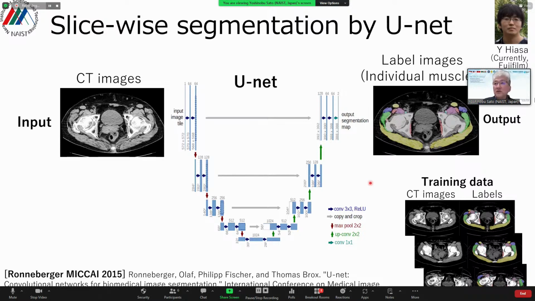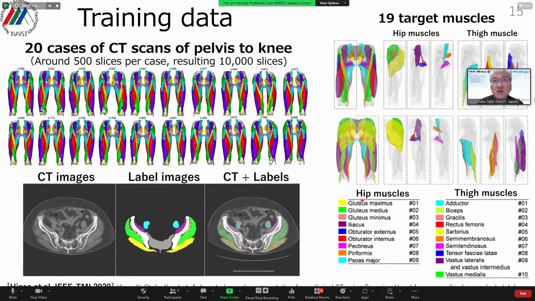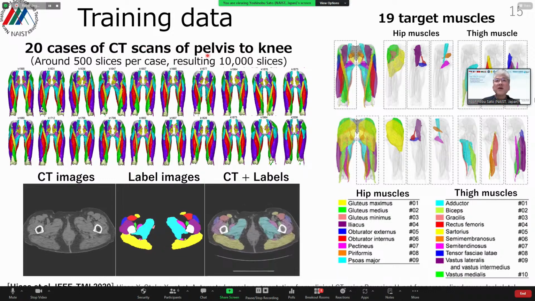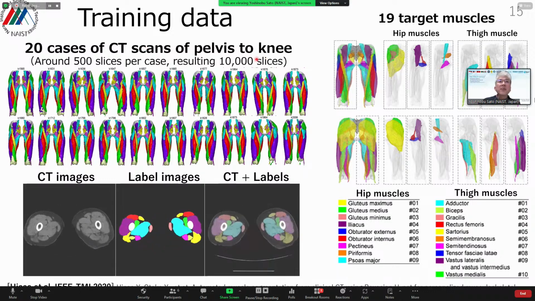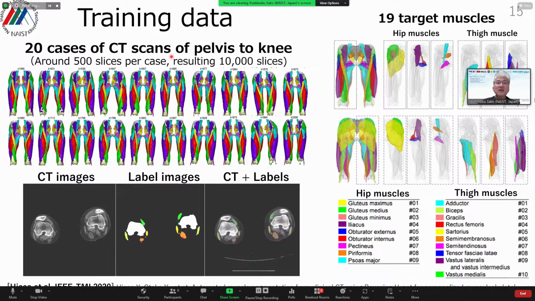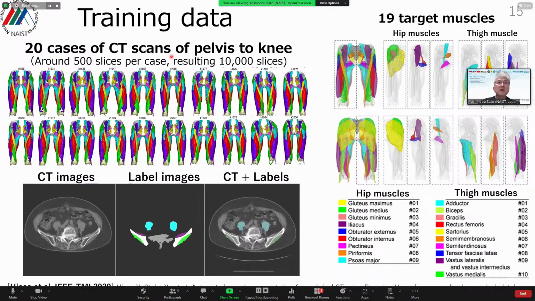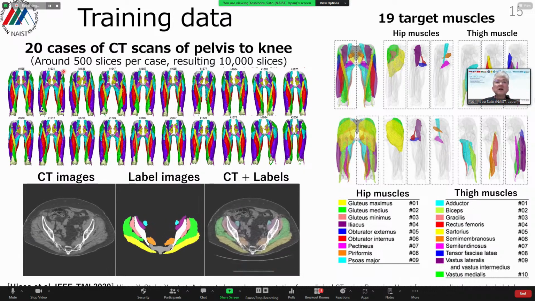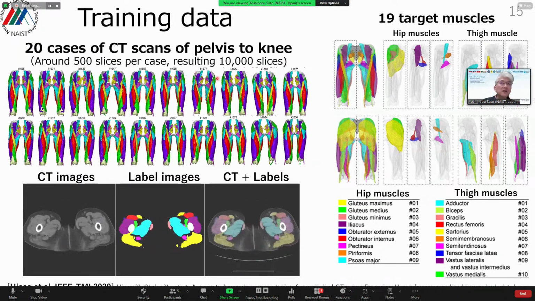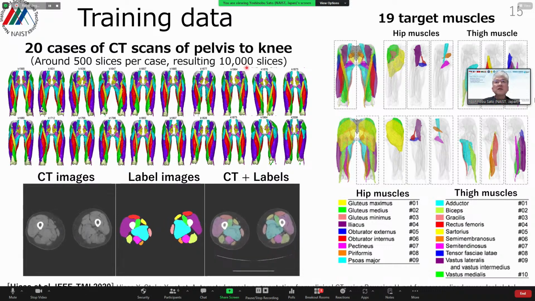To do so, of course, training data is very important. Actually, we used 20 cases of CT scans from pelvis to knee as training data. 20 cases sounds like not a very large number, but one case has around 500 slices, resulting in 10,000 slices available for training.